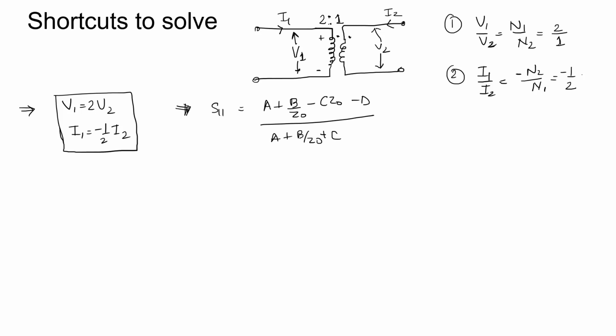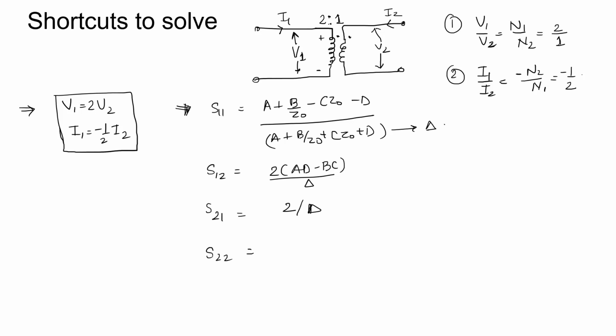The first thing is S11 is equal to A plus B by Z naught minus CZ naught minus D, upon A plus B by Z naught plus CZ naught plus D. Let's call this whole denominator expression delta.